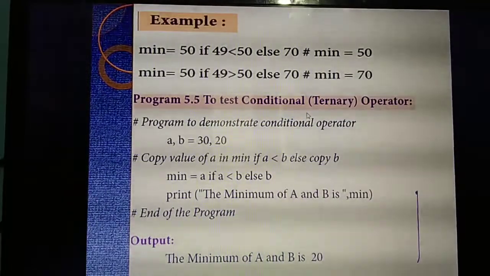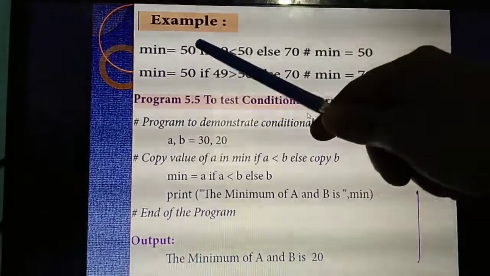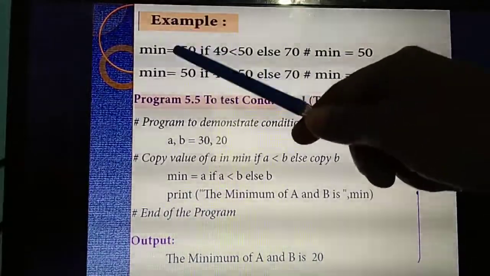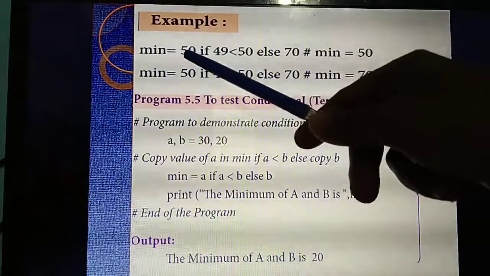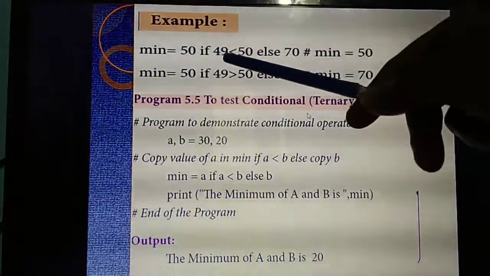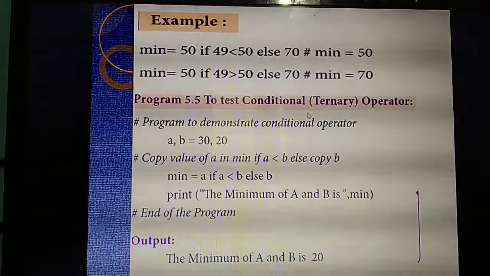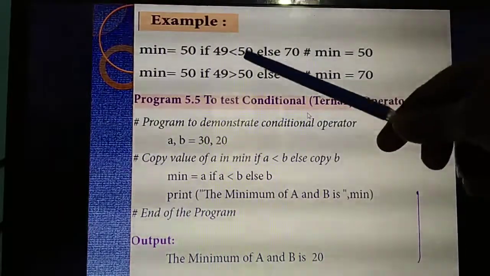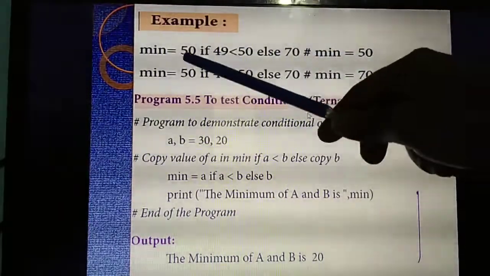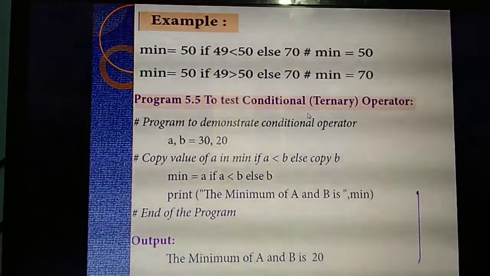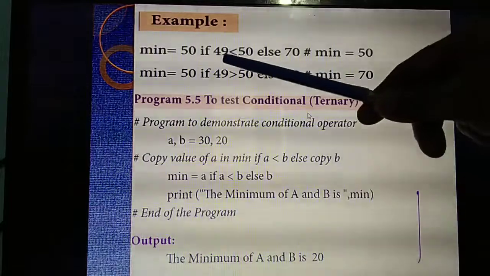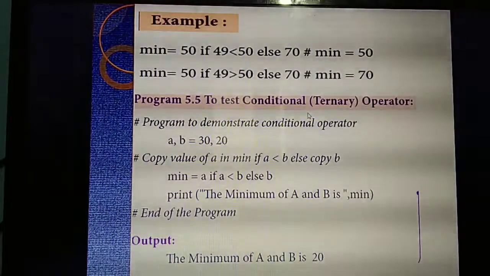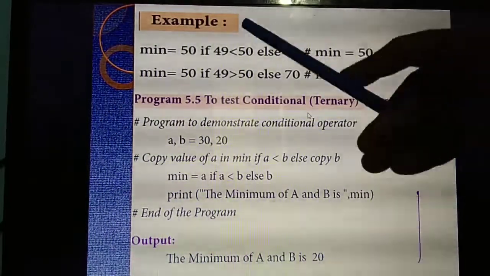So listen to this example carefully. Min equal to 50. That means minimum, I have given the value 50. Min equal to 50 if the condition 49 less than 50, else 70. Whether 49 is less than 50 or not?